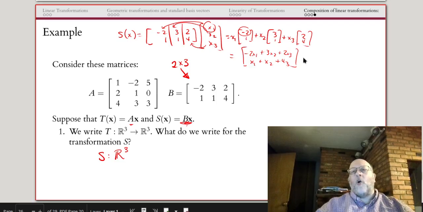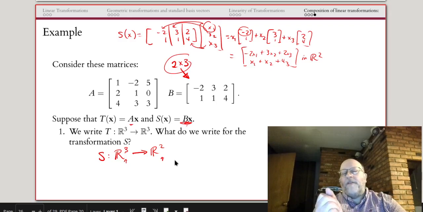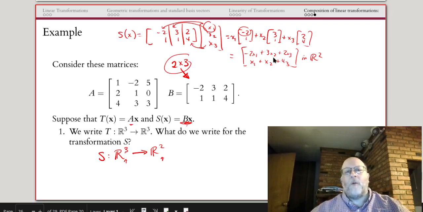But this is only in R2. And so our output vectors are in R2. And so these numbers appear in reverse order from these numbers. That R3 is based on the columns and R2 is based on the rows. That's a little confusing, but this is one of the things that we just get used to and accept after a while. So a 2 by 3 matrix generates a transformation from R3 to R2.